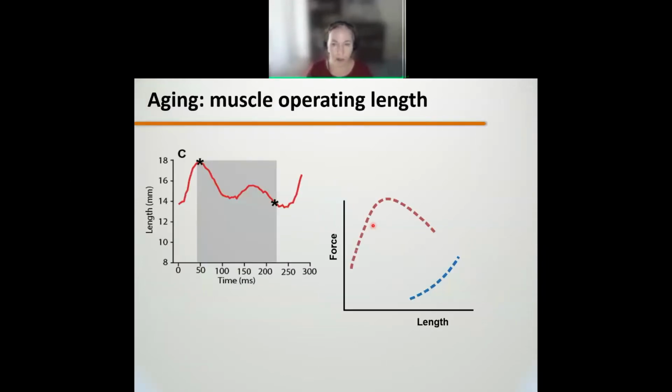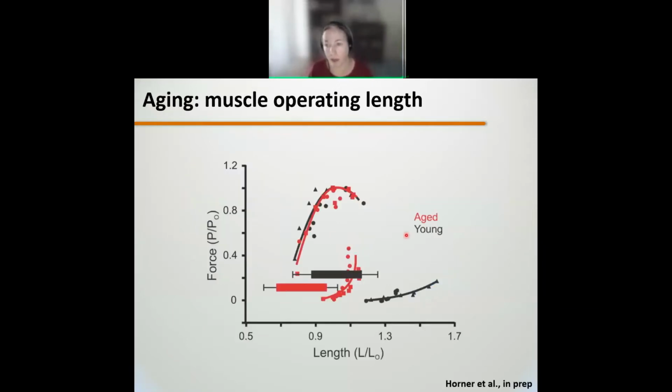So once we generate a force length curve for individual animals, we can map those in vivo strain lengths onto our force length curve to see where on that curve an animal is operating in vivo. Long story short, if I take out an individual that is problematic, which I'll talk about in the next slide, we see a general pattern that fits what we predicted.